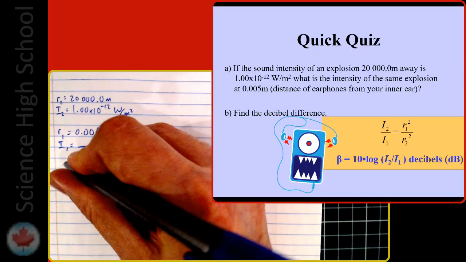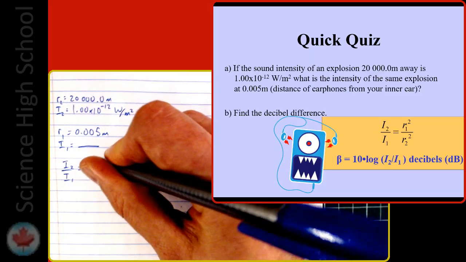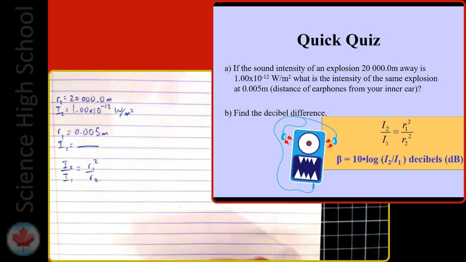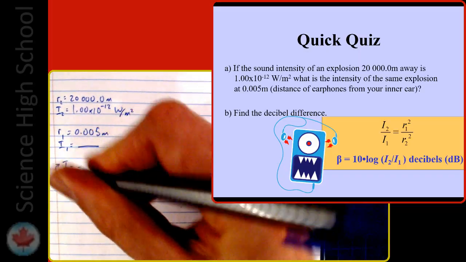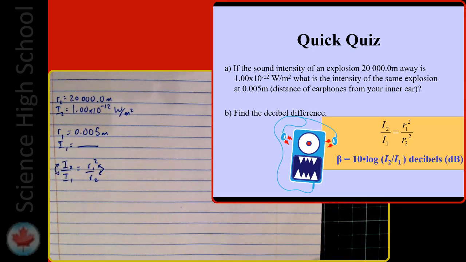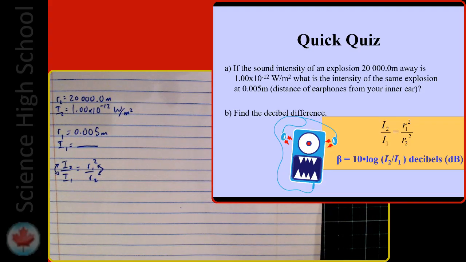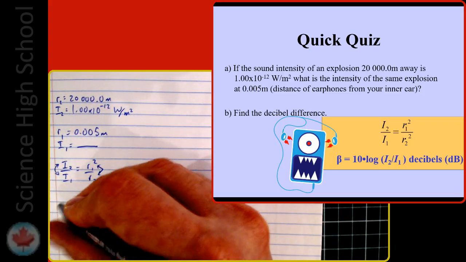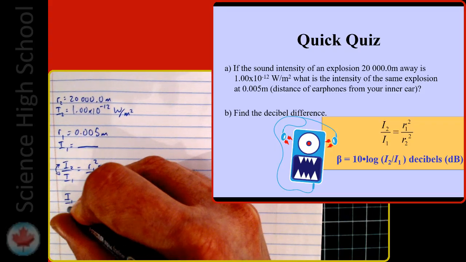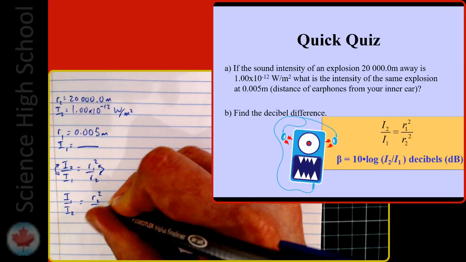So just a quick math thing. If you've labeled things as I have, just remember that if you invert the left-hand side, you can also invert the right-hand side. Whatever you do to the left, you can also do to the right. So if I have an equation in the format of one ratio equal to another ratio, and I've already set up my 1 and 2 indices, I could invert I2 over I1 to be I1 over I2, and that's okay so long as I also invert R2 squared over R1 squared.